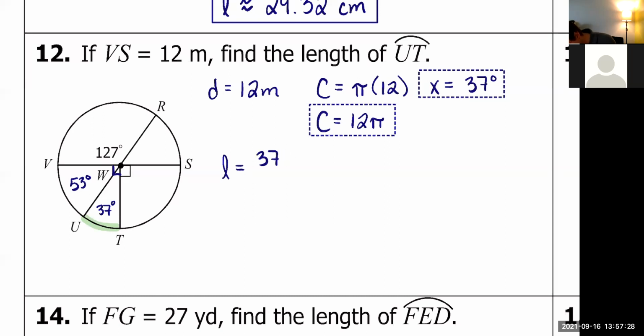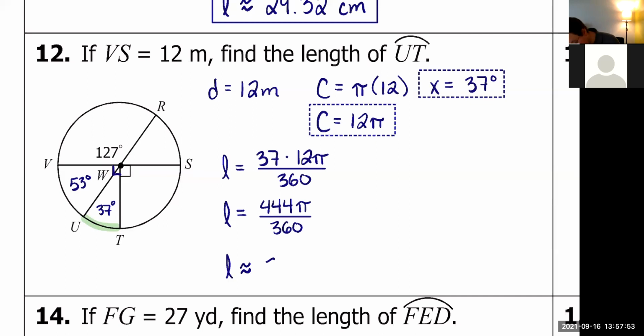I'm going to take that degree sign out, which is 12 pi all over 360. 37 times 12 gives me 444. Don't lose the pi. And then when I grab my calculator and enter it in exactly as I see it, I should get approximately 3.87 meters.